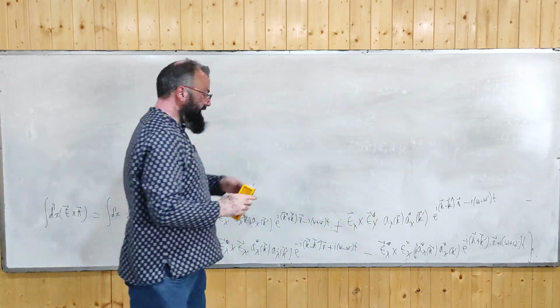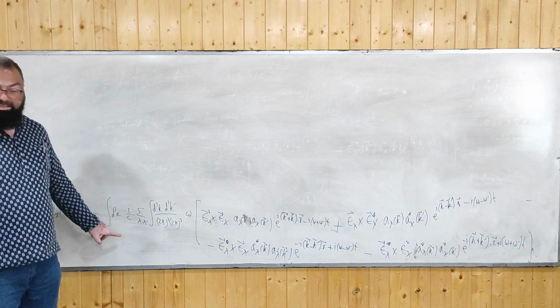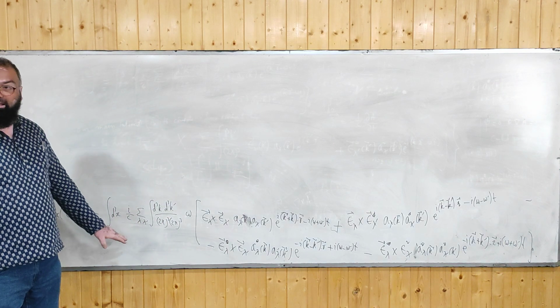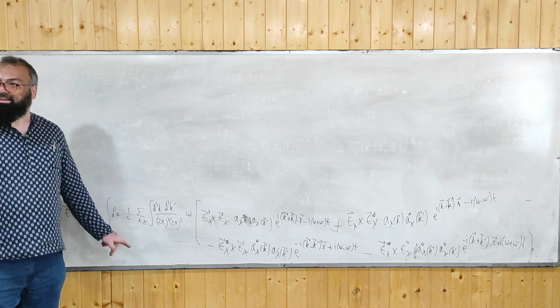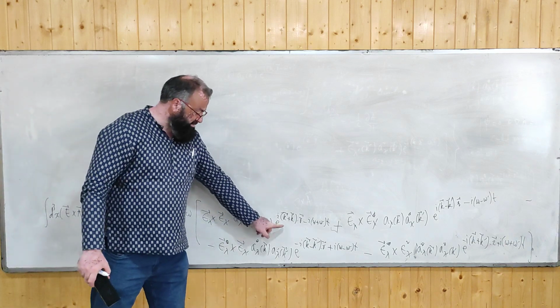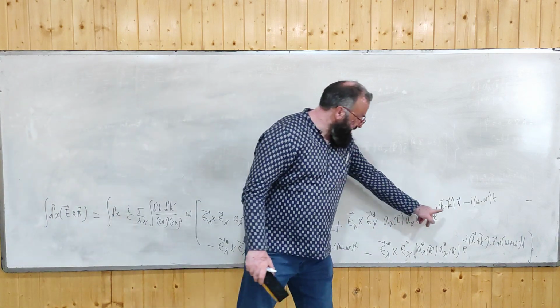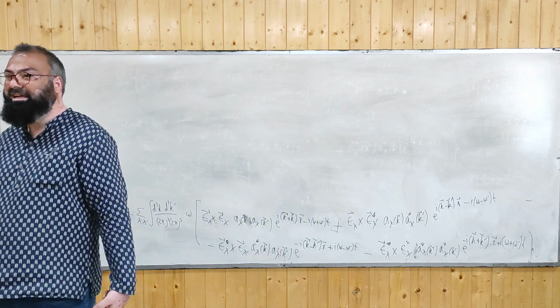So from here it's very simple. Now look here. There is an integration over x. What are the factors which depend on x? Only the exponential factors, is it? The e raised to the power i k dot r terms depend on x.